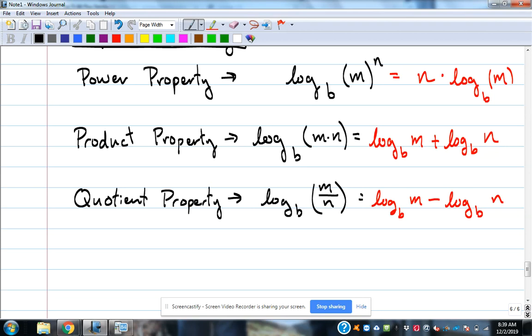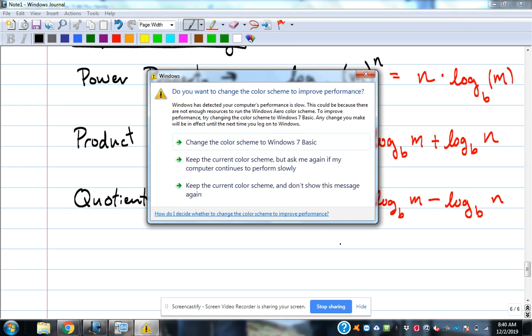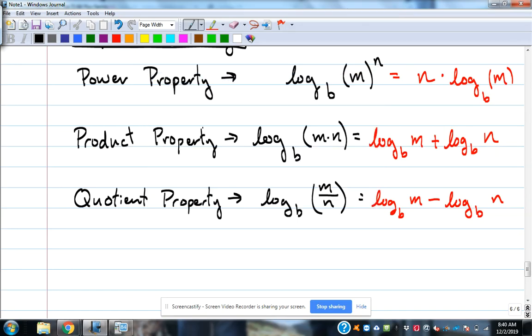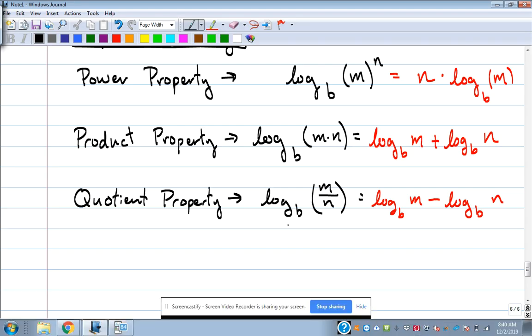So what we're going to do next is take these properties, and the first thing we're going to do is what's called expanding a logarithm. So we're going to take a single log and split it apart into its individual pieces. So taking a single logarithm and expanding it out into smaller pieces, individual pieces.